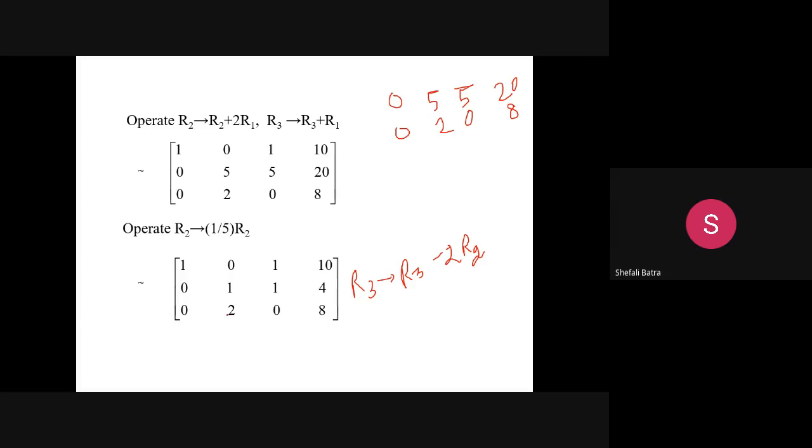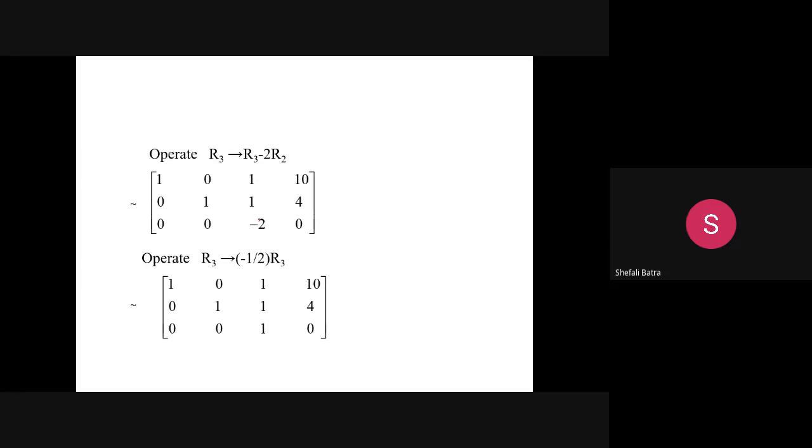You are making this entry 0 using this operation. After that, you need 1 here, so multiply by minus 1 by 2 and you will get a 1.